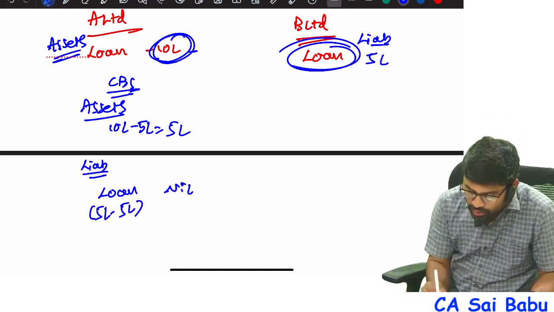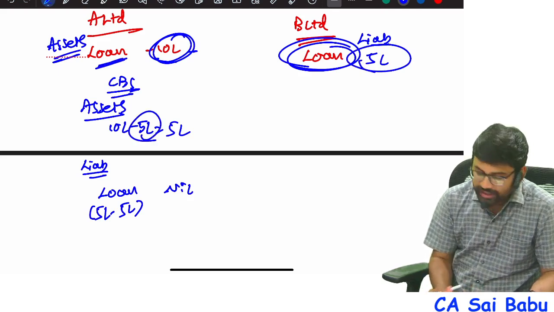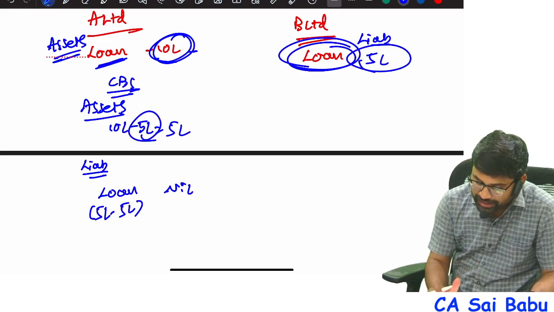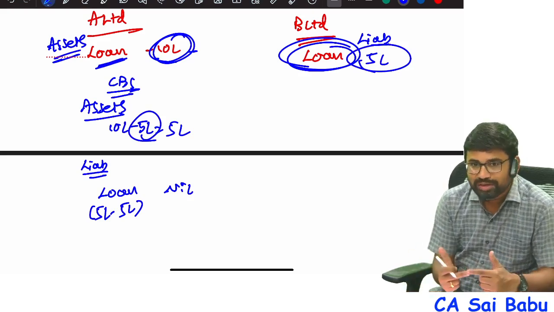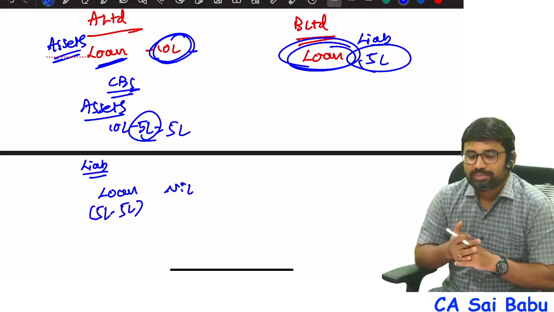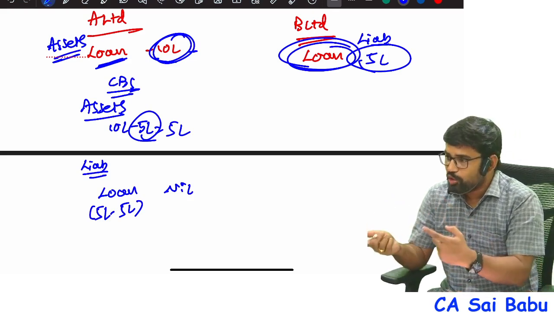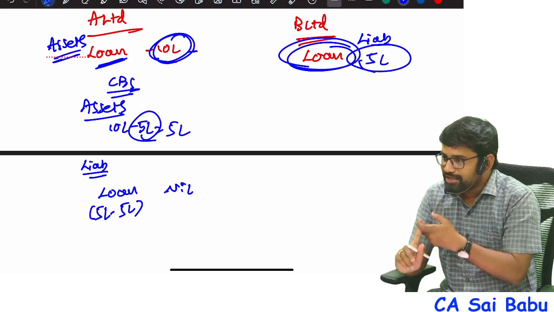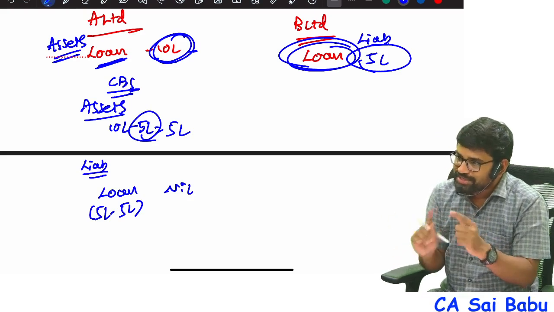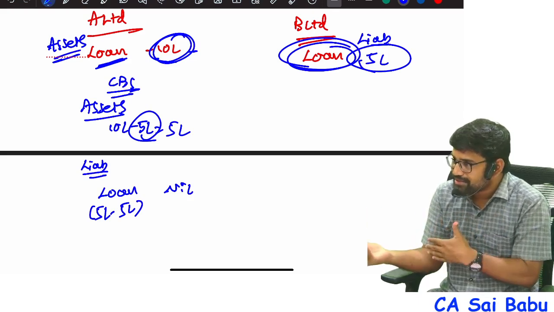Because this loan and this asset, A Limited loan given, B Limited loan taken, both will be adjusted. Why they will be adjusted? Because A and B are one entity now. A has given loan to B. A and B are one entity. That means loan given, loan taken, same party. So therefore, these intra-group items will be irrelevant.